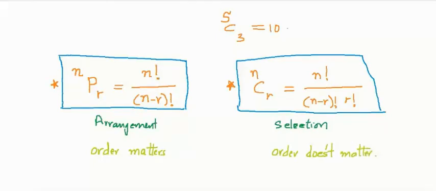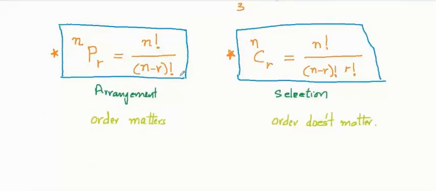This is the summary: when n distinct objects are given, in how many ways can R of them be arranged, and in how many ways can R of them be selected.